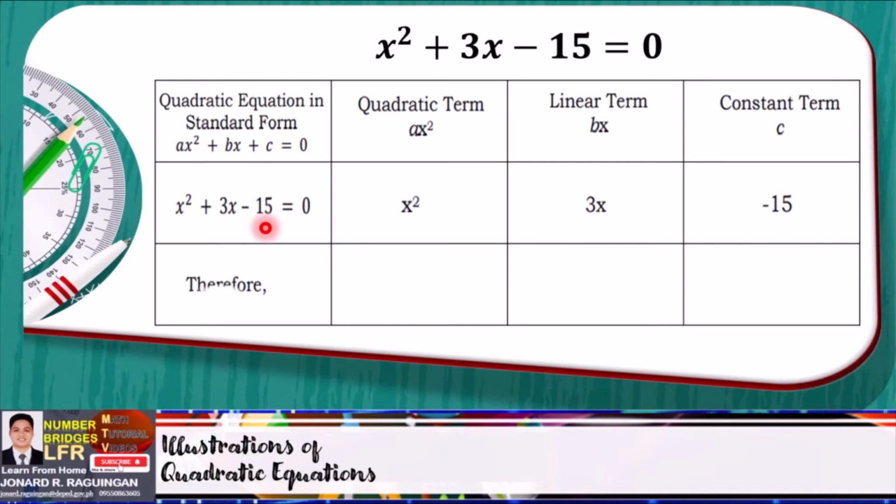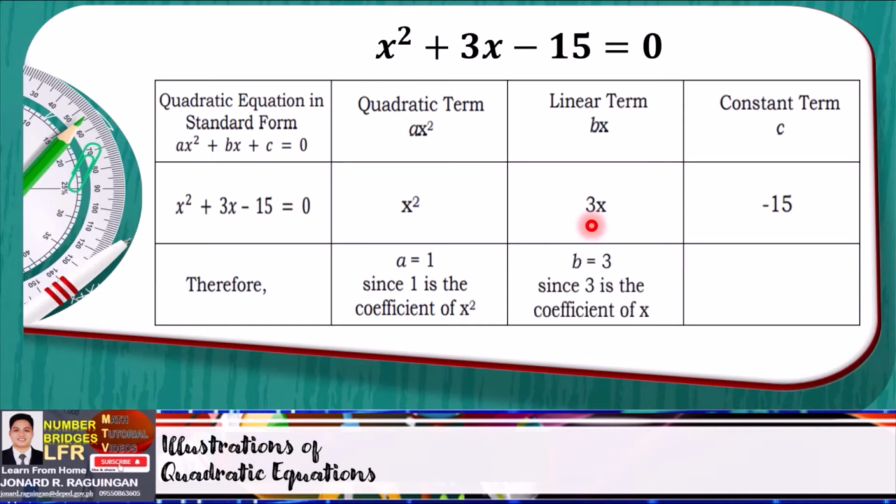Therefore, the value of a is the numerical coefficient of x squared, that is equal to 1. And the coefficient of x is 3, then the value of b is 3. And the constant term is negative 15, therefore the value of c is negative 15.